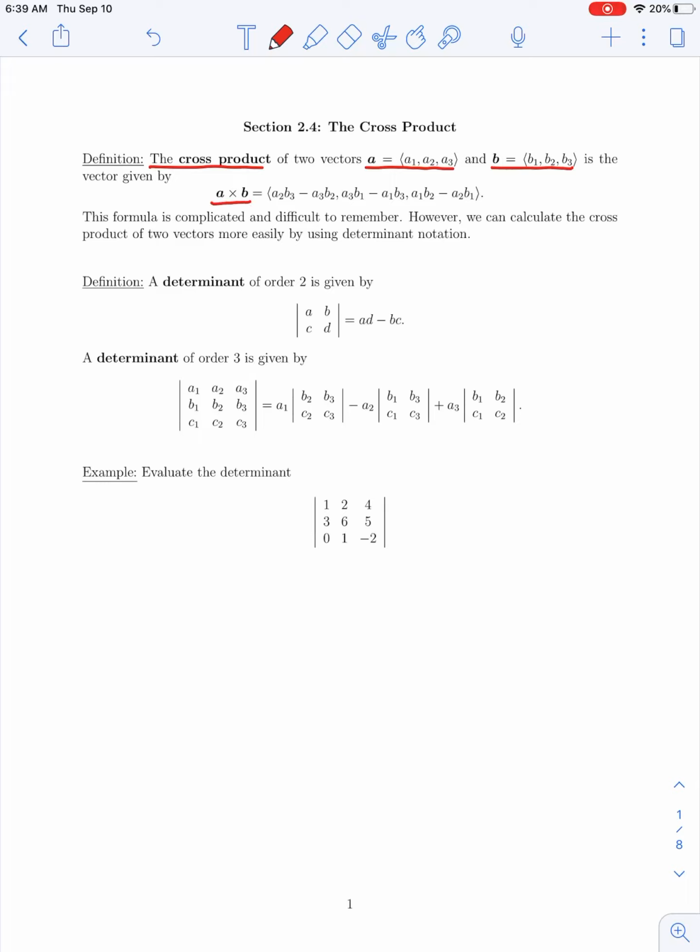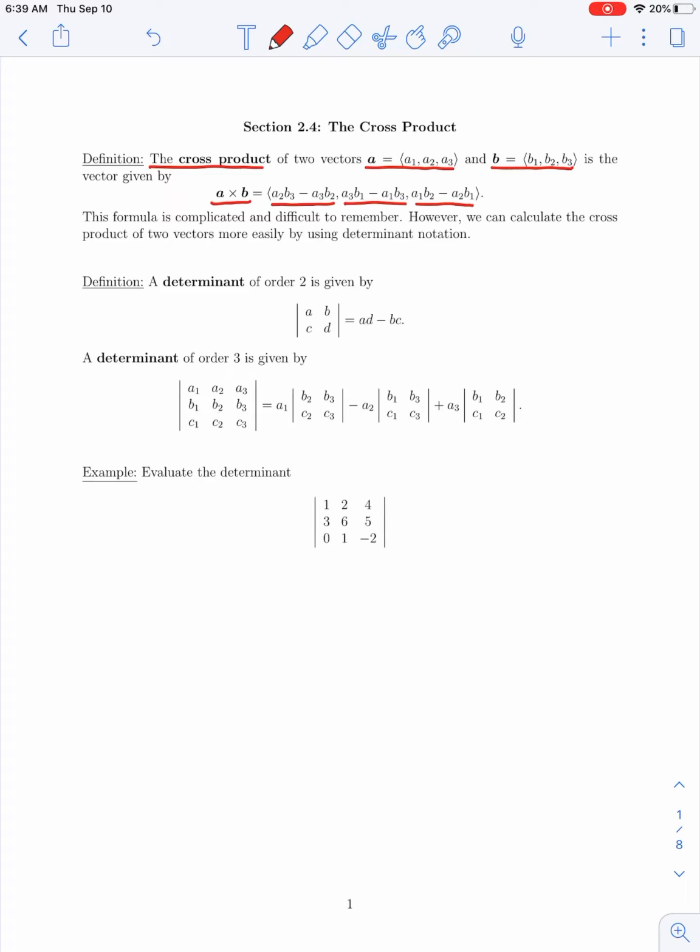The cross product of A and B will be denoted as A cross B, or this looks like A times B. And it is the vector whose first component is given by A2B3 minus A3B2, where these A and B values are the components of the vectors A and B. The second component of this vector is A3B1 minus A1B3, and the third component is A1B2 minus A2B1.